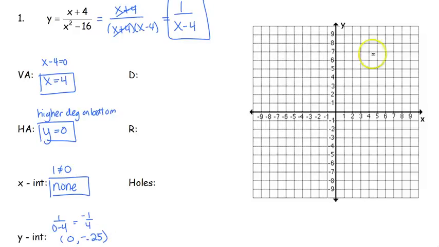So we draw our vertical asymptote at 4, our dashed line, because it's not part of the actual graph. Our horizontal asymptote at y equals 0. We have no x-intercept, but we do have a y-intercept at 0, negative 0.25.